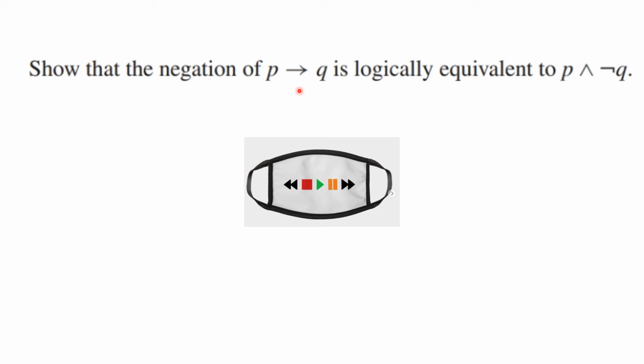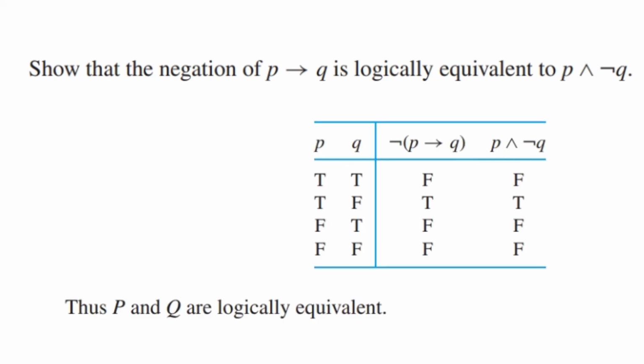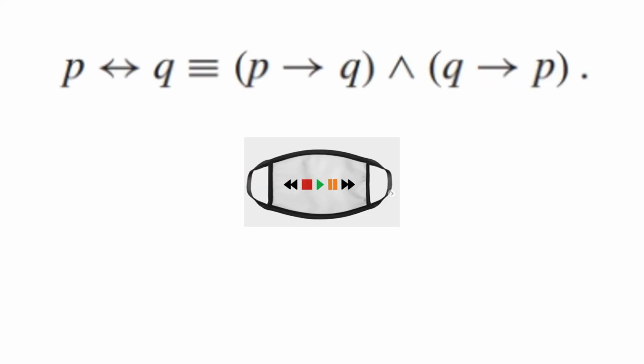And notice that if we do the negation of this, we can write it without any implication. You know what to do. Let's see how you did. And you should have gotten this. You see that the truth columns are the same. That means that they are logically equivalent. Here's another one for you.